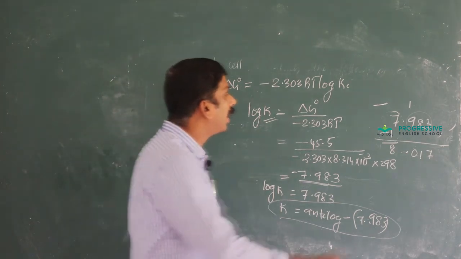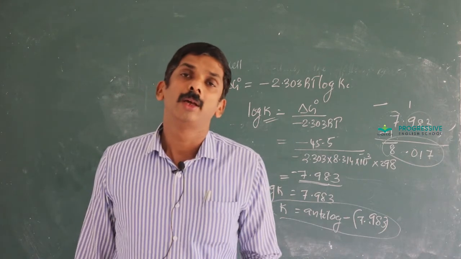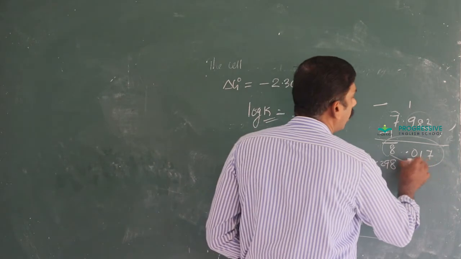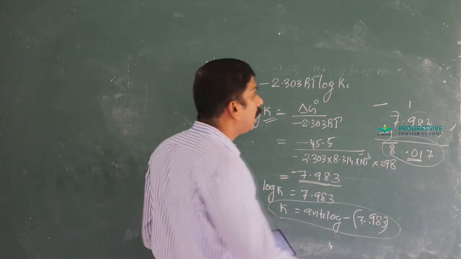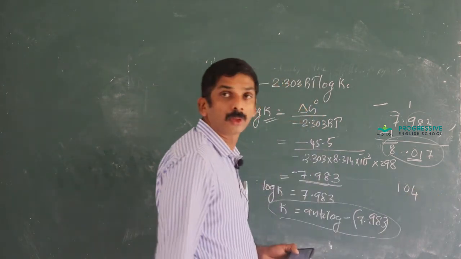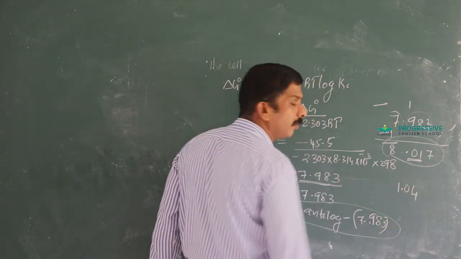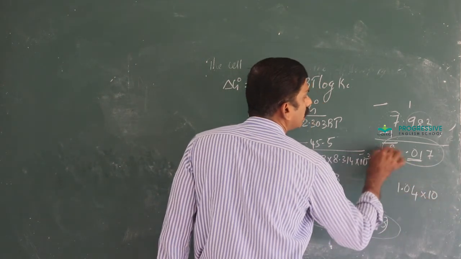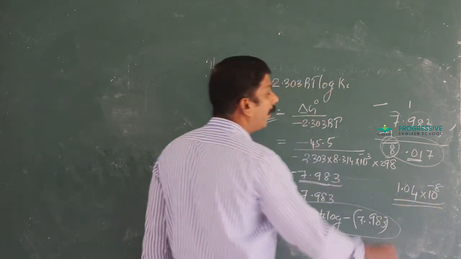That is minus 8 plus 0.017. Then you go through the Clark's table and find the antilog of 0.017. Here the value is 104. And after 1 place, put a decimal, that is 1.04, and 10 raised to what is the remaining part in the characteristic, that is 10 raised to minus 8.